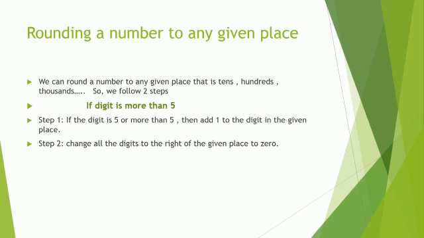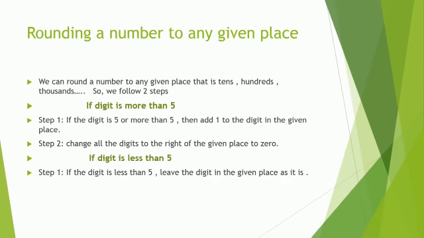That means if the given digit is 5 or more, we add 1 to the digit in the given place, and the second step is to change all the digits to the right of the given place to 0.